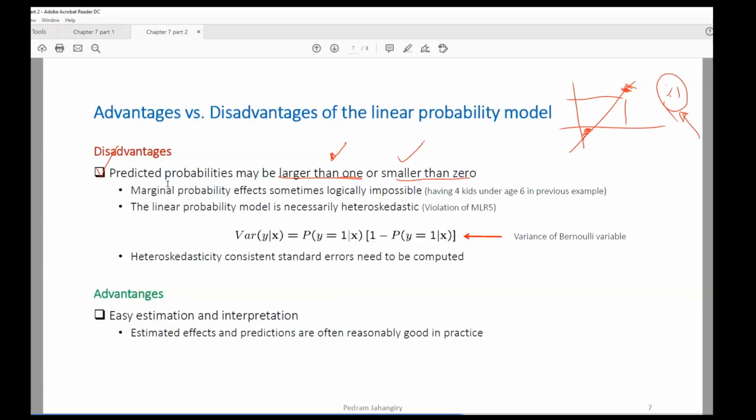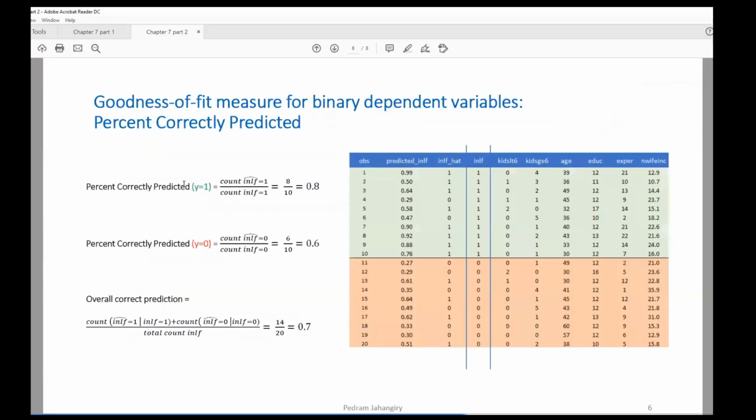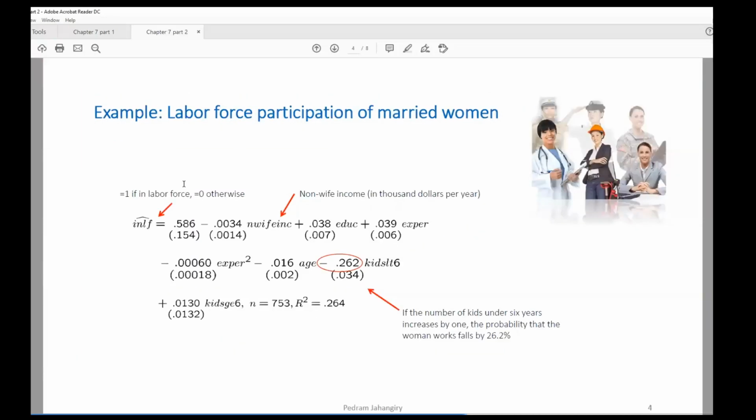What else? Marginal probability effect, sometimes logically impossible. Having 4 kids under 6 years old in the previous example. So let me go back and tell you what's going on here. Do you remember the variable for kids less than 6 years old? You cannot literally calculate the marginal probability for this variable if it is even for 4 kids.